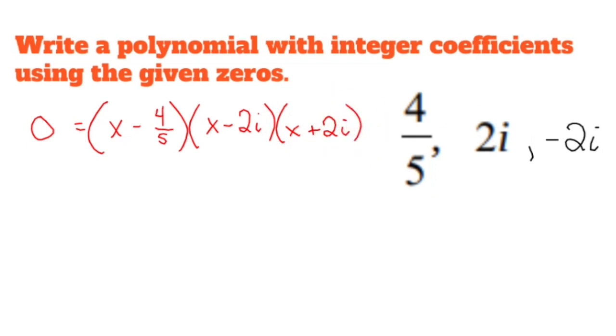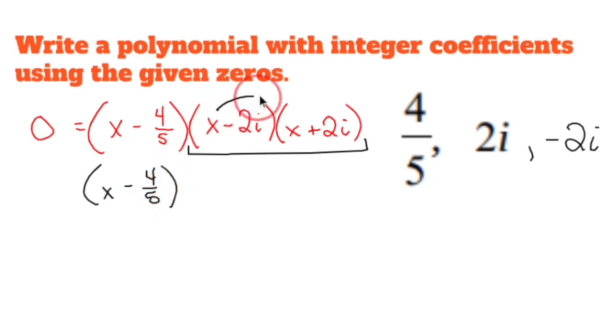Now I have to simplify this out. I'm knowing very well that things are probably going to disappear, but I'm going to multiply this out. I haven't touched x minus 4/5 yet. But if I FOIL this out, wonderful things are going to happen.